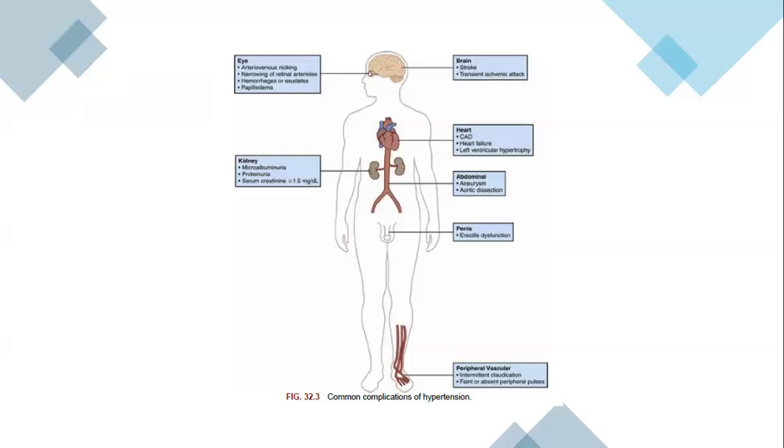For the kidney, it can cause microalbuminuria, proteinuria, and also serum creatinine under 1.5 milligram per dL. In the abdominal area, it can relate to aneurysm, and for the penis, it can relate to erectile dysfunction, and for the peripheral vascular system, it can cause claudication and also faint and absent peripheral pulses.